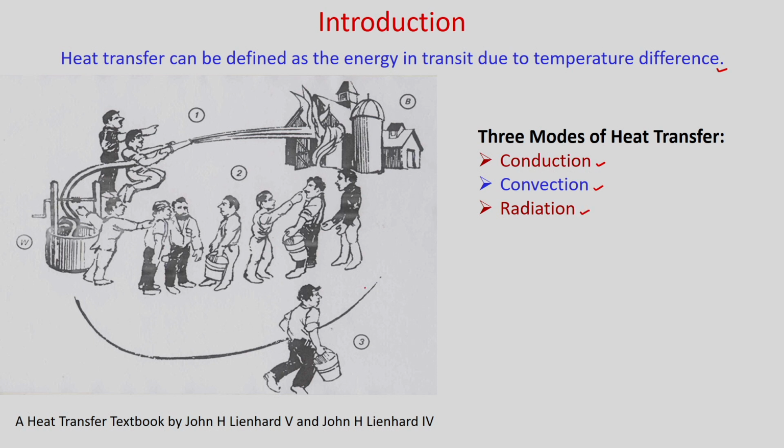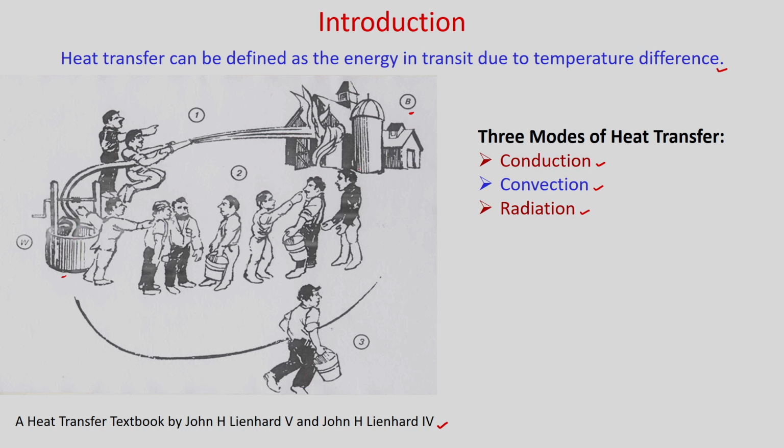You can see this illustration, which we have taken from this book. From this illustration, it will be easy to describe this heat transfer mechanism. This is the building which is on fire and this is the closely available well where water is available.